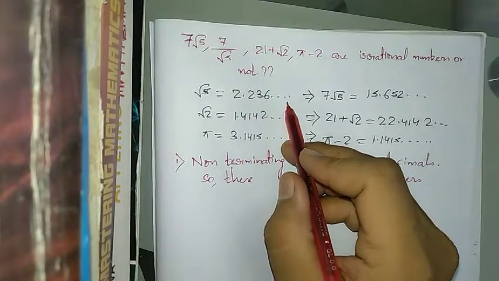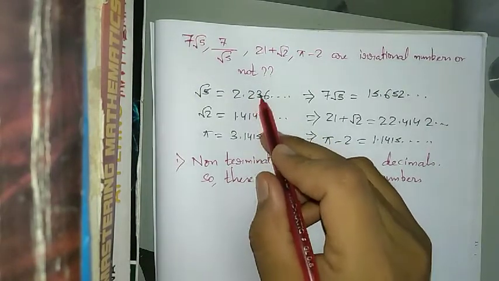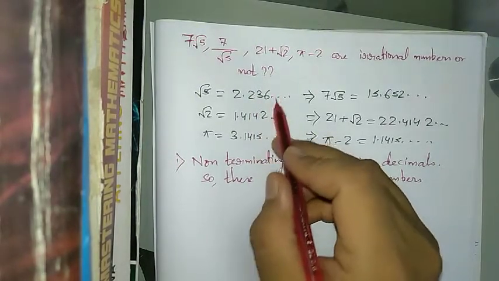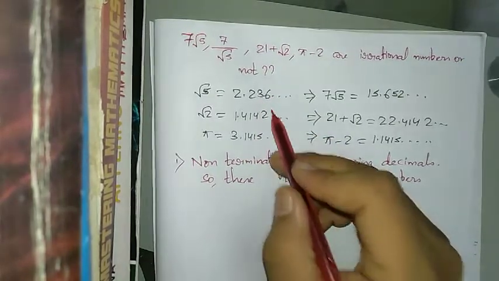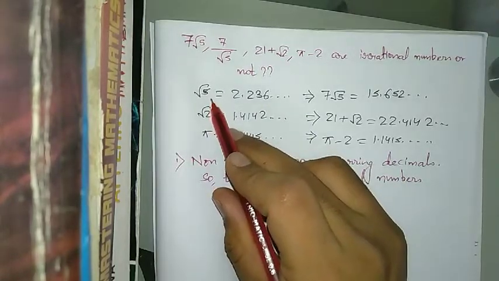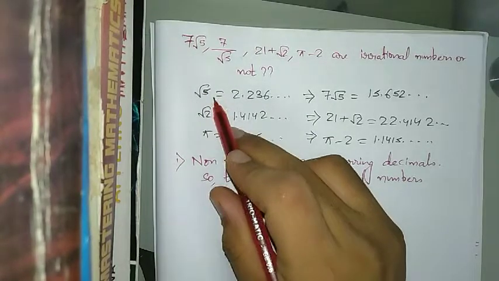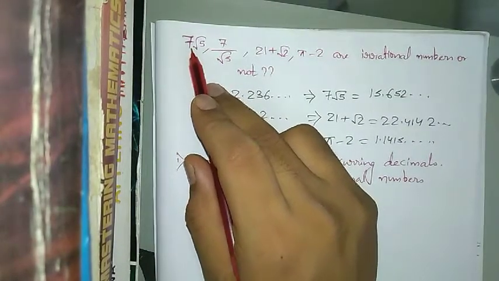So you see that this is non-recurring. The same set of digits are not repeating itself, so it's a non-recurring one. And also this root 5 is non-terminating. So root 5 is an irrational number, whereas 7 is a rational number.